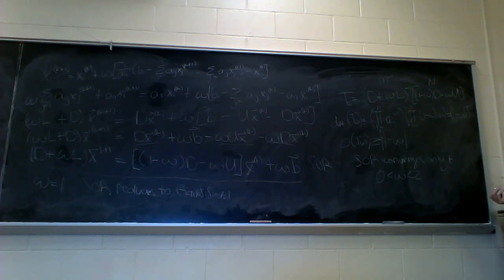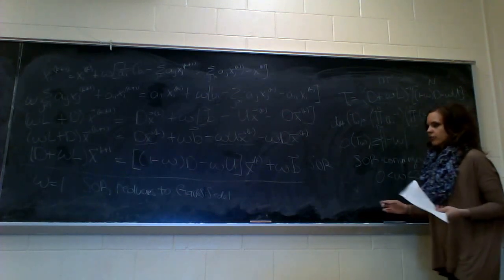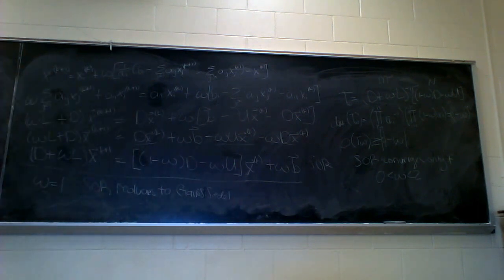Okay, so in some cases, it's even possible to determine the optimal value of omega for which the convergence would be the most rapid. And we'll take a look at an example like that now. It's specifically for if A is a symmetric positive definite matrix.